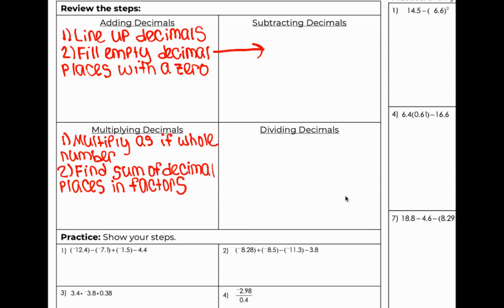And then lastly, you're going to place the decimal in the product, so in the answer, with same number of places.